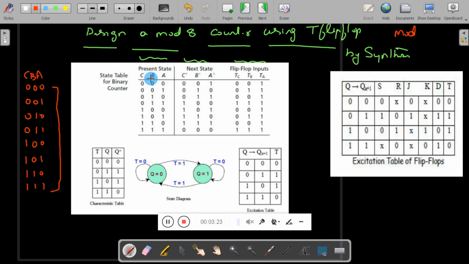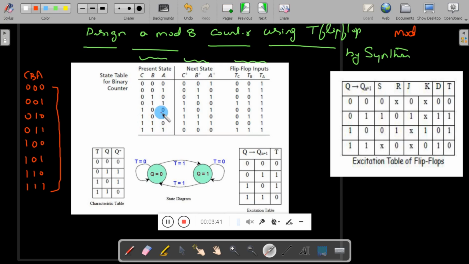Since we are using 3 bits, first we will write present state. This is the present state: 000, 001, 010, 011, 100, 101, 110, 111.